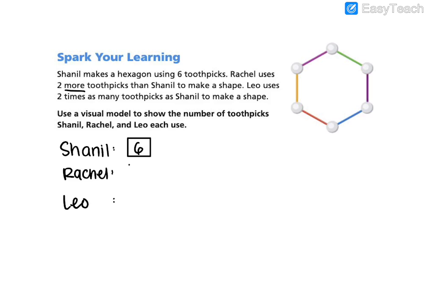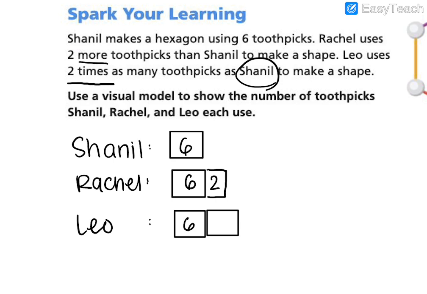So we know that Rachel's going to use 6 toothpicks plus the 2 more to make it. Leo uses 2 times as many as Chanel. So we know Chanel uses 6, and Leo uses 2 times as many as 6.